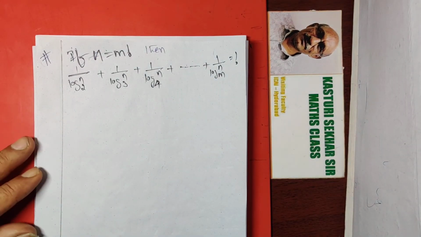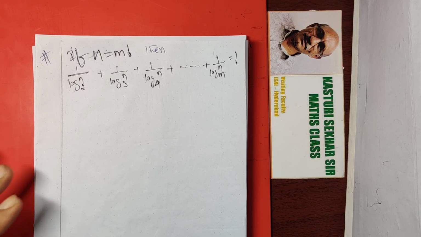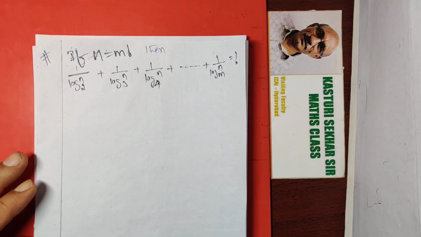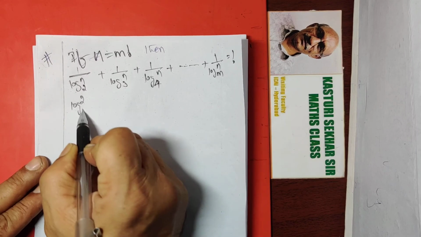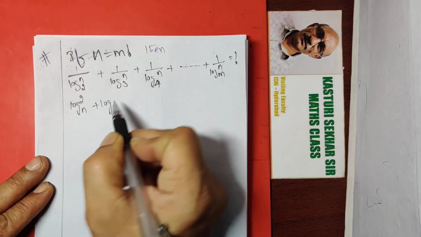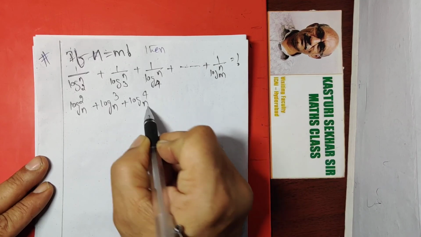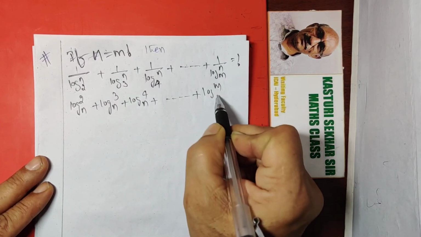If n is equal to m factorial, then this 1 by log n to the base 2 plus 1 by log n to the base 3 plus 1 by log n to the base 4, etc. Now sir, log is in the denominator, so let us take log to the numerator. Log 2 to the base n plus log 3 to the base n plus log 4 to the base n plus log m to the base n.